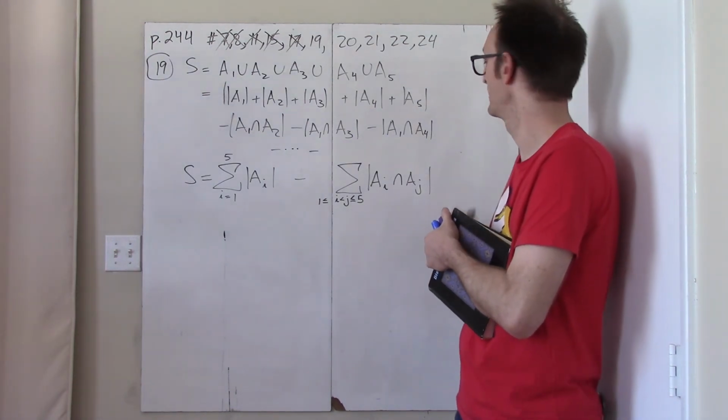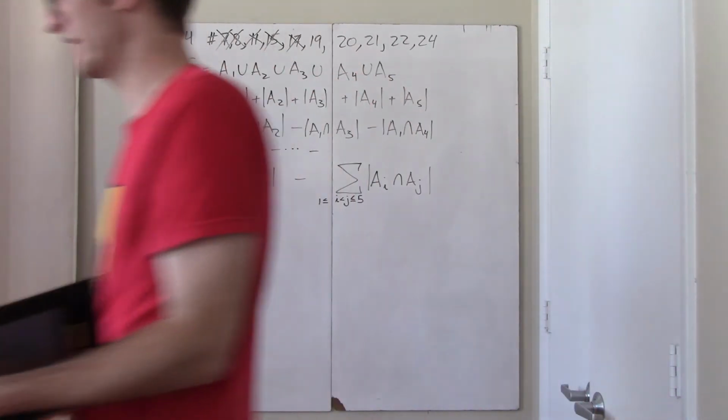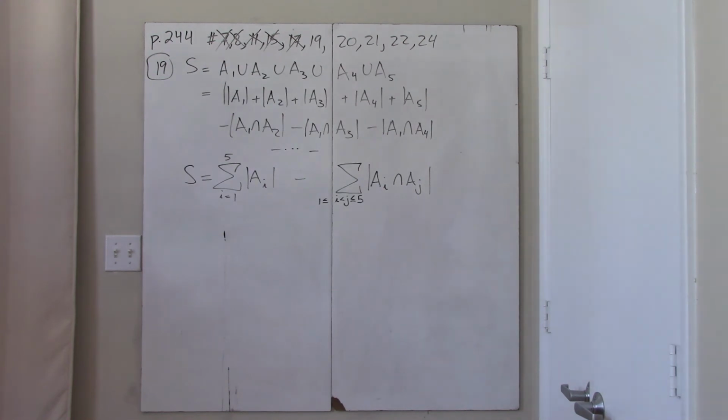And then we stop. That's it, because he has told us explicitly that there are no objects which are in 3 sets. So that just terminates it right there. So that's kind of nice. Okay, good. That was 19.